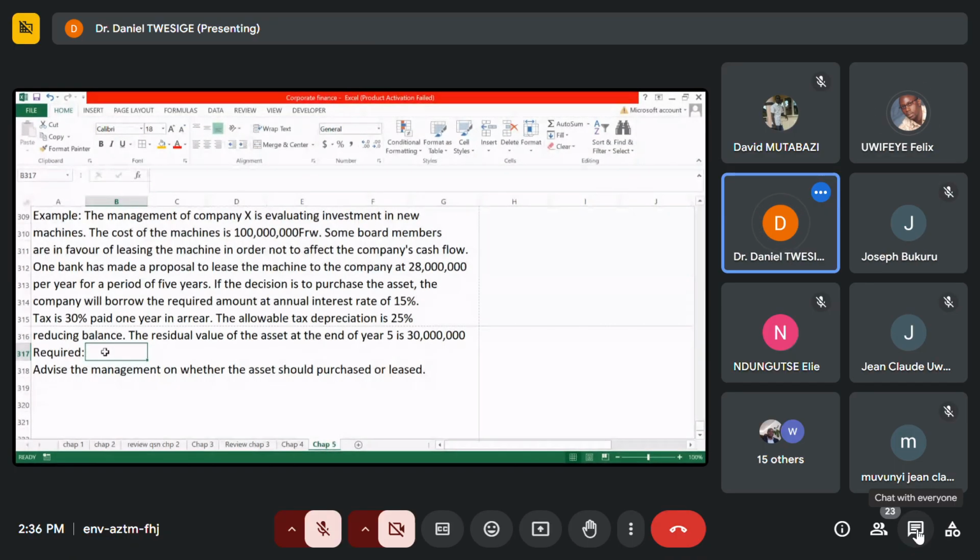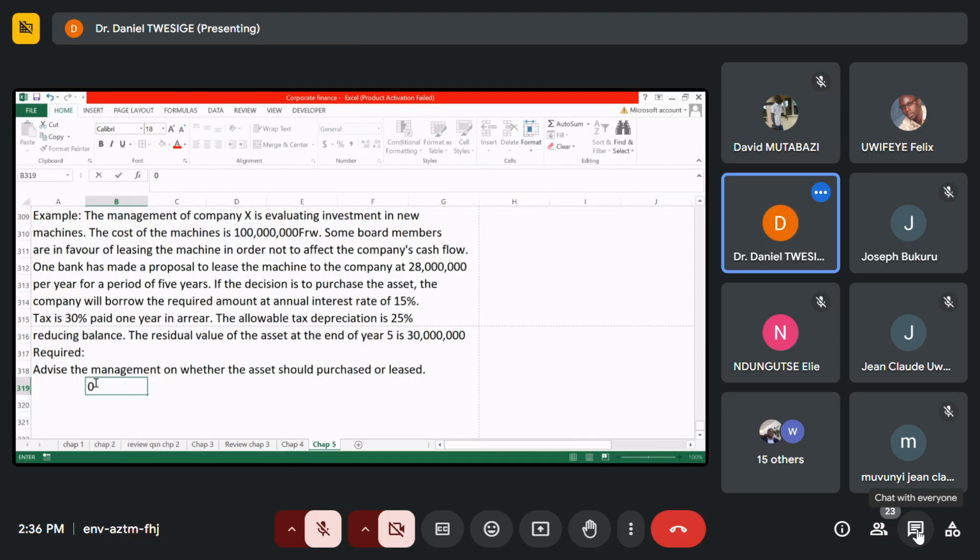Isn't it? That's what we are going to assume. The lease is paid in the same tax period. So then I need the year 6. I don't know where to get it.